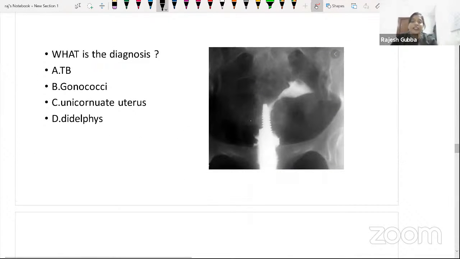What is the diagnosis again based on this HSG? I want you people to attempt something so that then I can speak based on that.